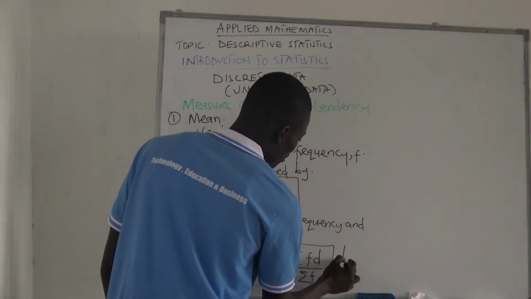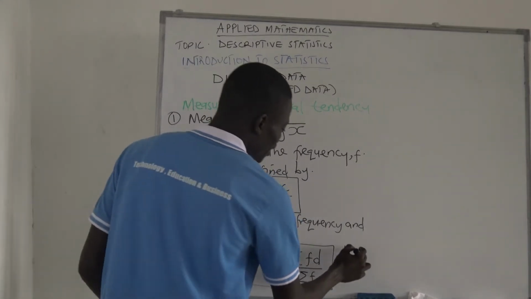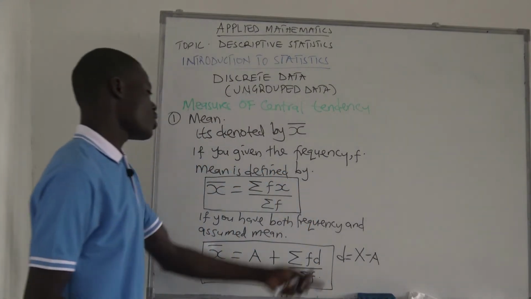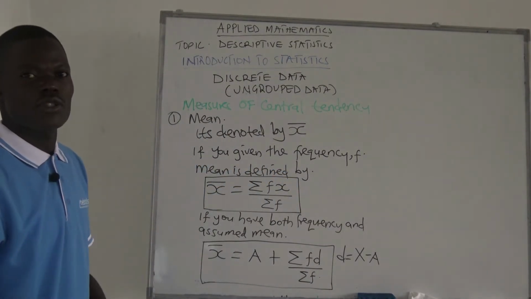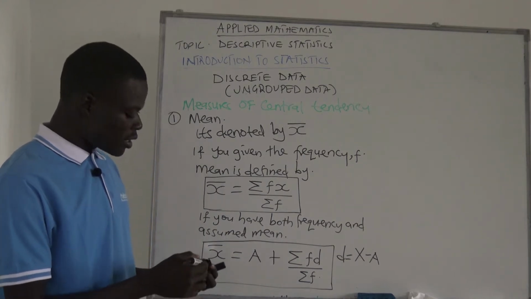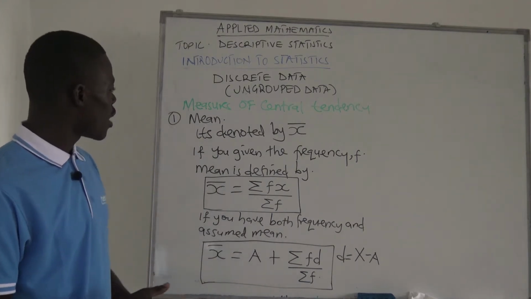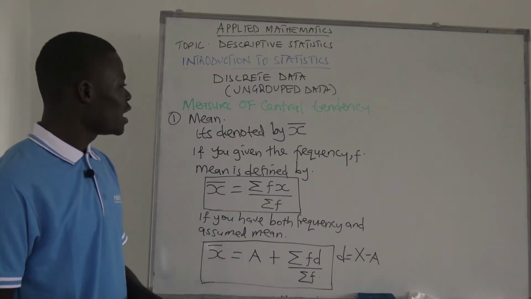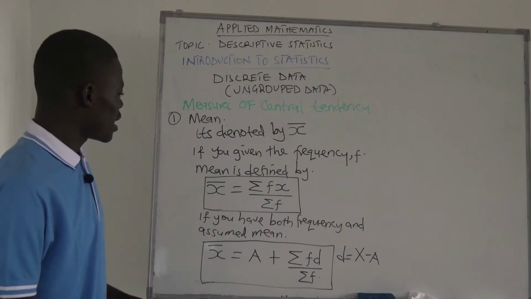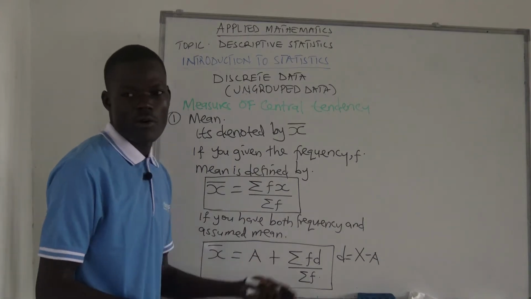But here what we know is that our d is given by x minus a, which is the variable x minus the assumed mean. So those are basically how we are going to calculate the mean, and what we have looked at about mean. Those are the basic things which we are going to tackle under mean.